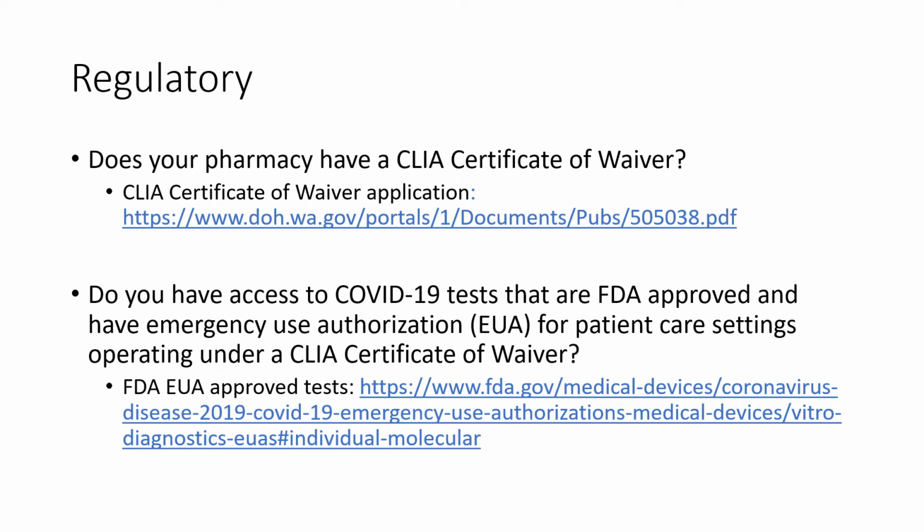The final regulatory consideration is related to emergency use authorizations, or EUAs. Under the PREP Act for the declared COVID-19 pandemic, the FDA is authorized to use its EUA authority to allow for use of unapproved medical products to diagnose, treat, or prevent serious disease when certain criteria are met, including that there are no adequate, approved, and available alternatives.